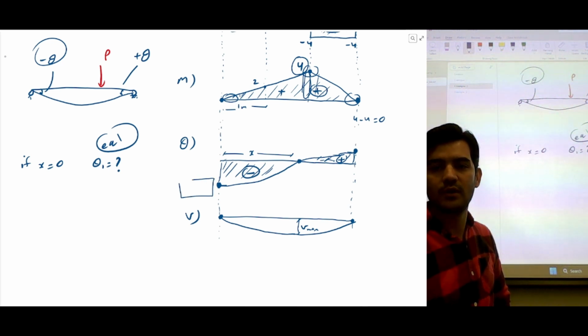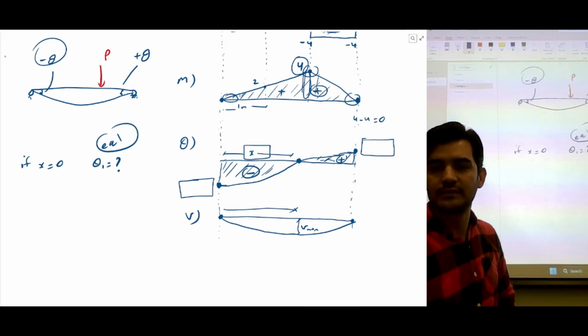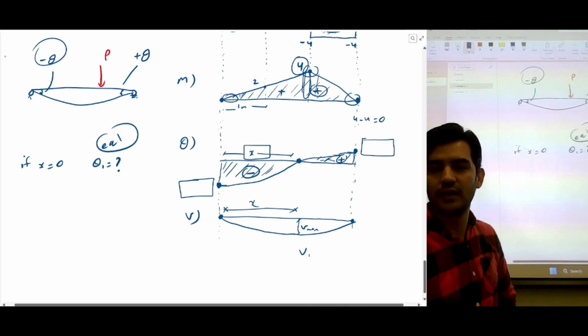So everyone can try to calculate this point. They can also try to calculate this point from the equation. They can also try to calculate this distance x, and this distance x is the same as this distance x, and then we can also calculate this V max.